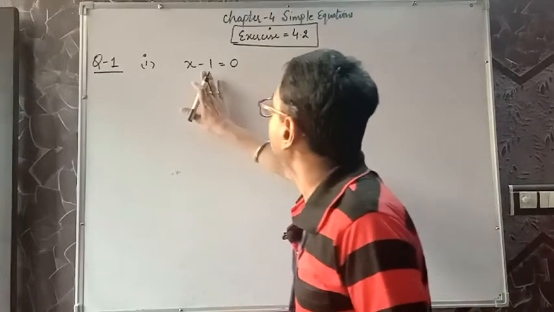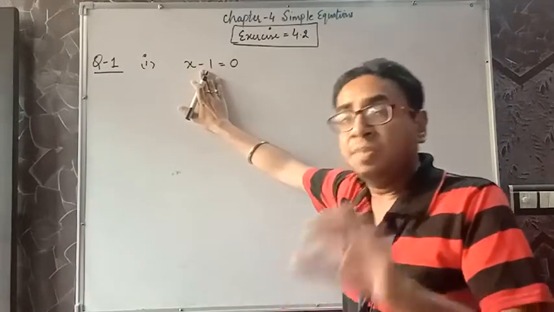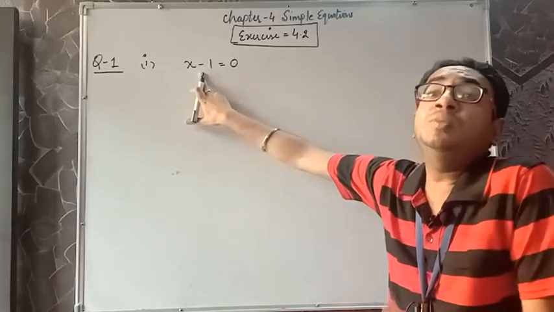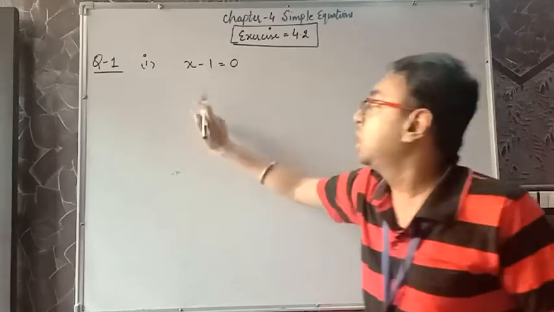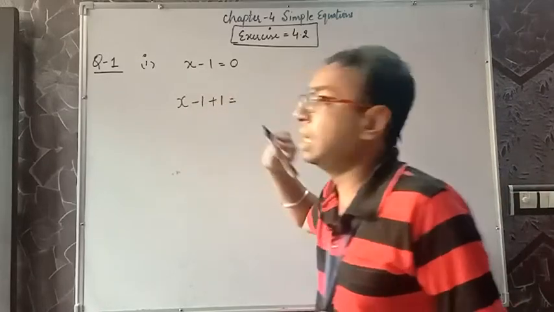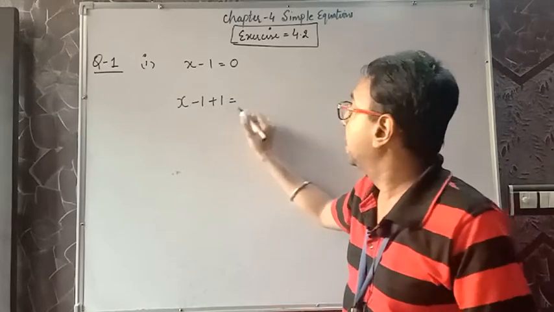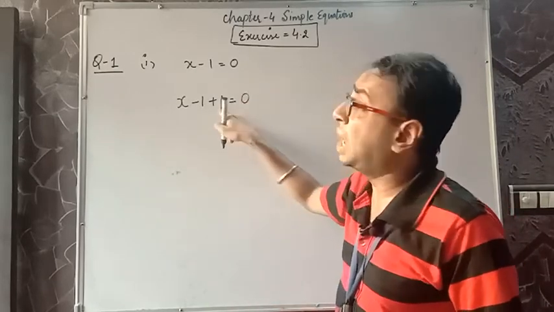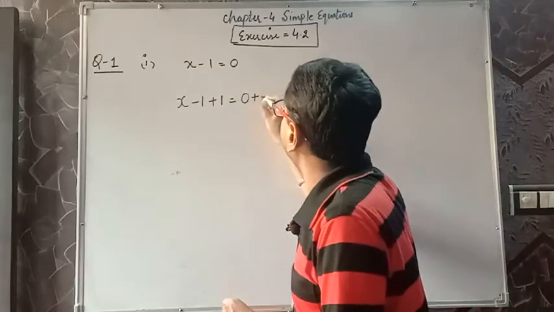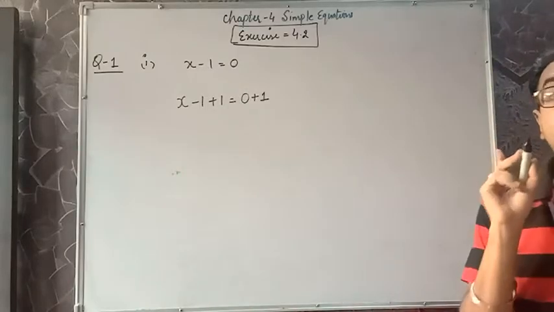Now what can we do? I need to remove this minus 1 from the LHS side. How to make minus 1 equal to 0? I can add 1 to it, because minus 1 plus 1 is equal to 0. But if I am adding 1 to this side, I have to add the same to the RHS side also. Do remember, it is an important rule.